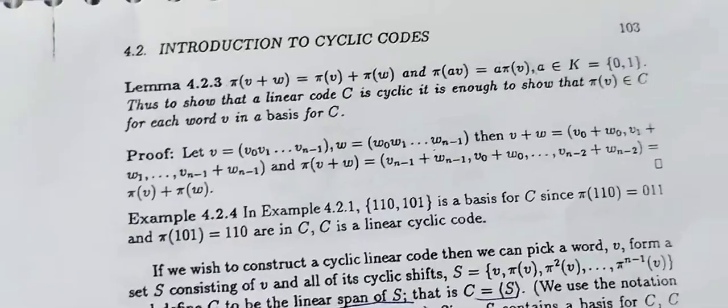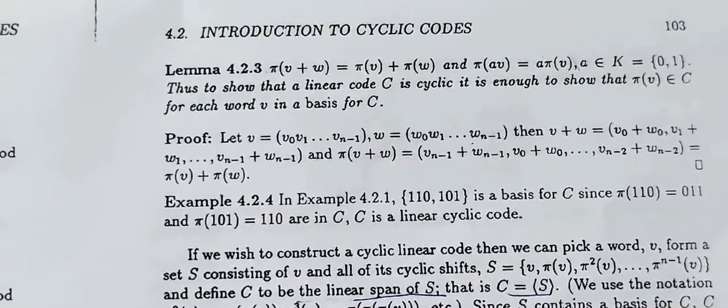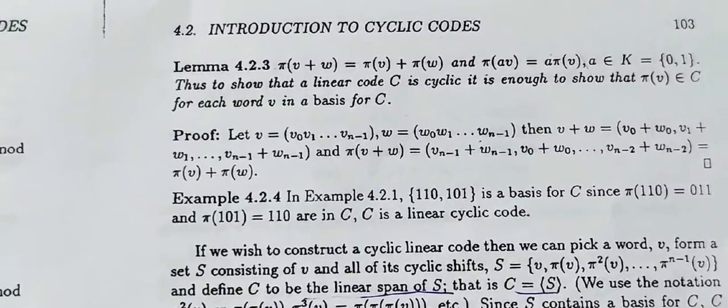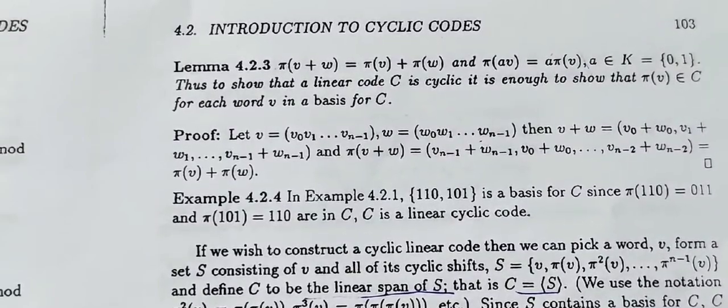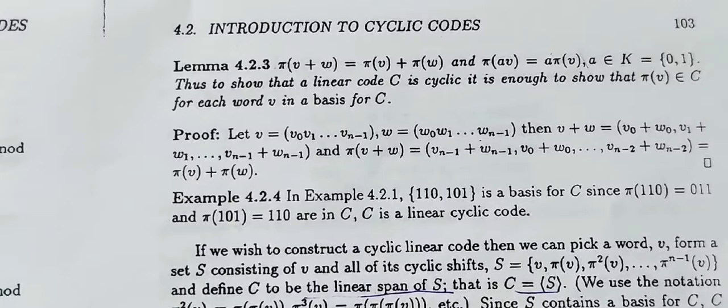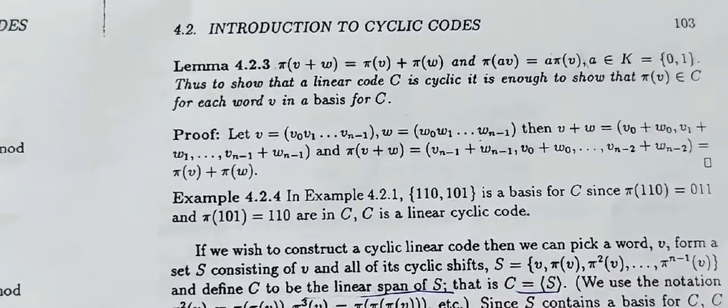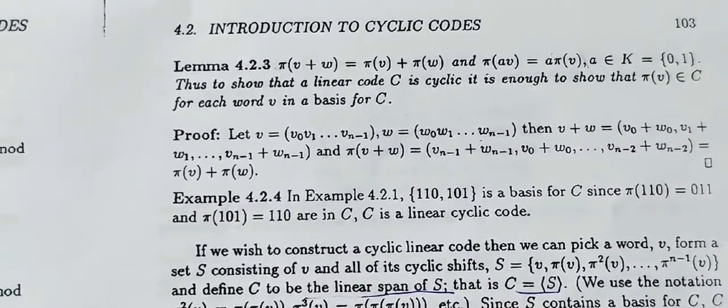So this is the lemma. Pi of V plus W is equal to pi of V plus pi of W, and pi of aV is equal to a times pi of V, where a belongs to the set K equal to {0, 1}. Thus to show that a linear code C is cyclic, it is enough to show that pi of V belongs to C for each word V in a basis for C. This is the shifting operation.